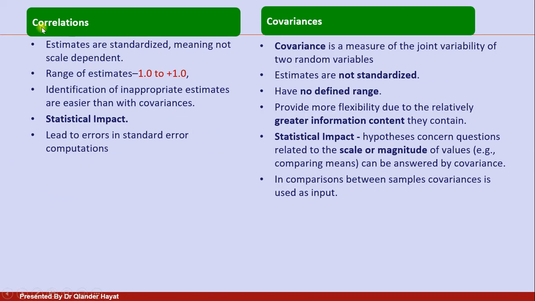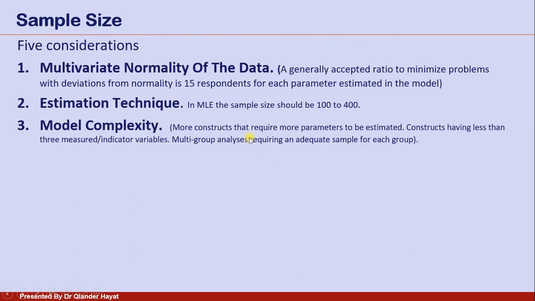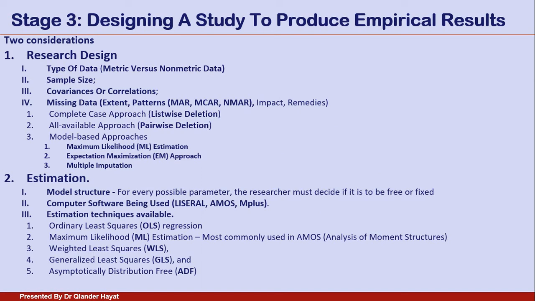Now the other thing, whether you are going to calculate correlations or covariances in designing the SEM. You observe that in the research design, while designing the study, you have to decide whether you are going to use covariances or correlations.